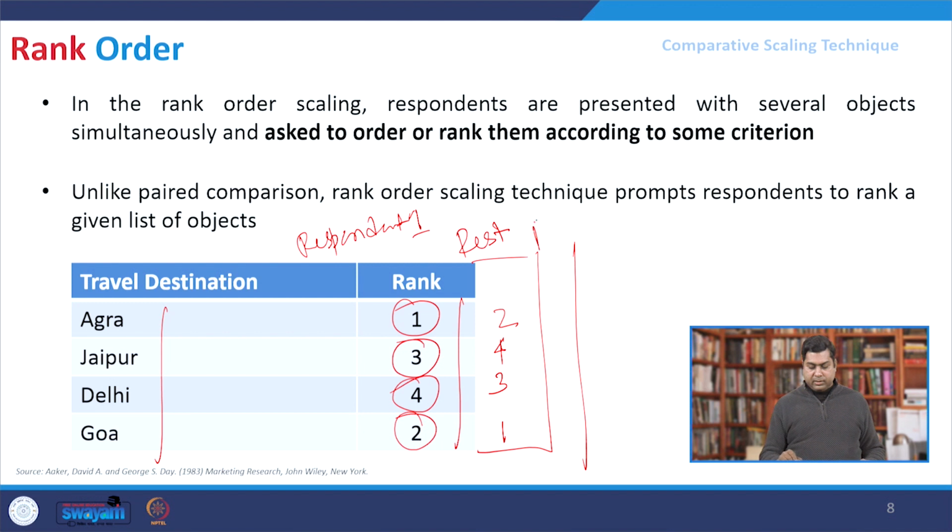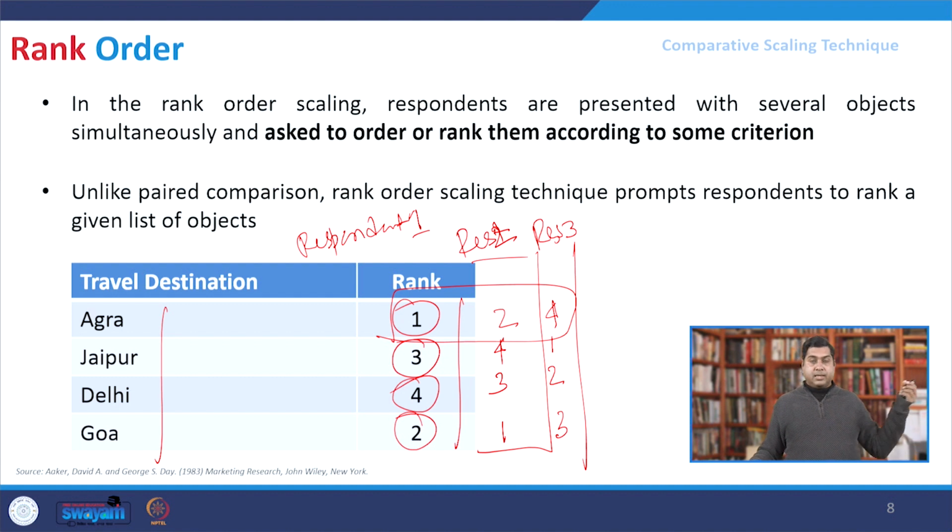If you ask respondent 3, probably you get this is 4, this is 1, this is 2, this is 3. Hypothetically I am taking. So, in all such cases we have different rankings for those preferred locations. Now, because it is rank order and ordinal, we cannot take the average of these ranks.